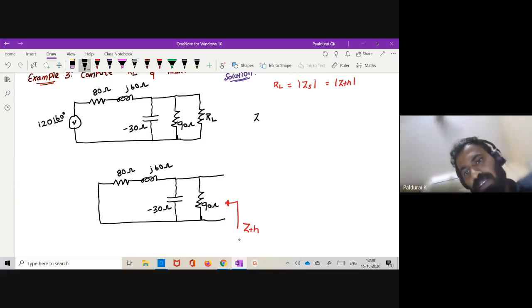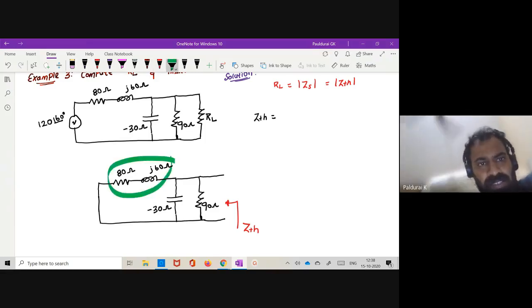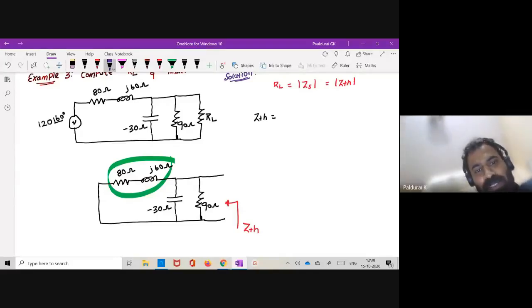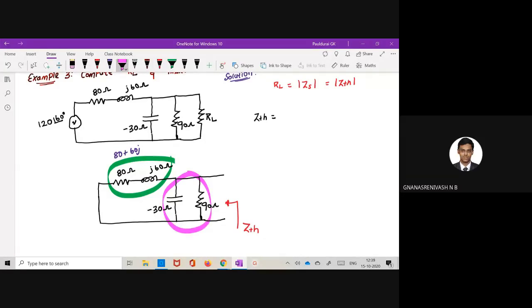ZTH equals, how are these two connected? They are connected in series. 80 plus 60J. How are these two connected? In parallel, sir.